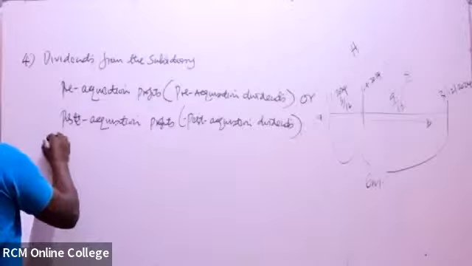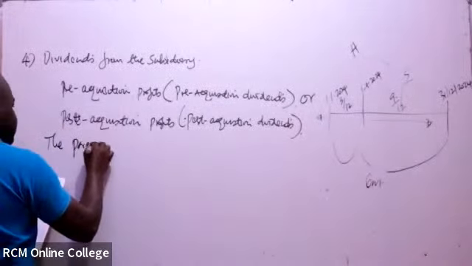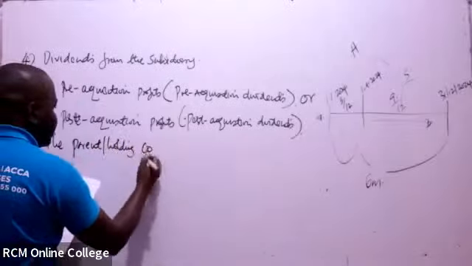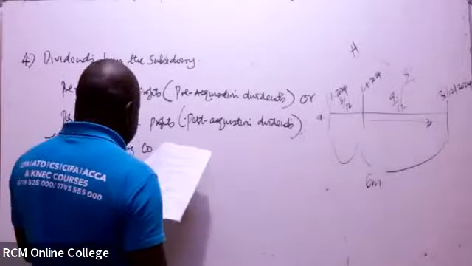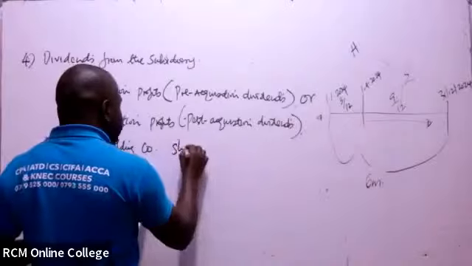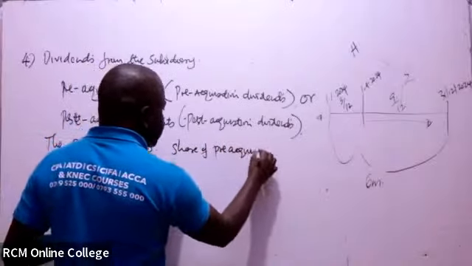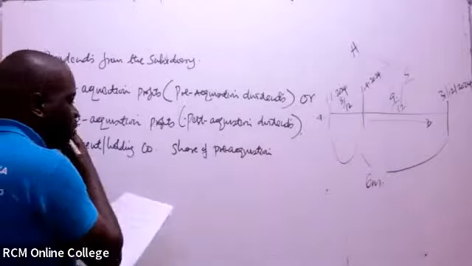the parent is the holding company. The parent or holding company share of pre-acquisition dividends, dividends that was actually settled before they were acquired, or the portion of dividends for before they were acquired.